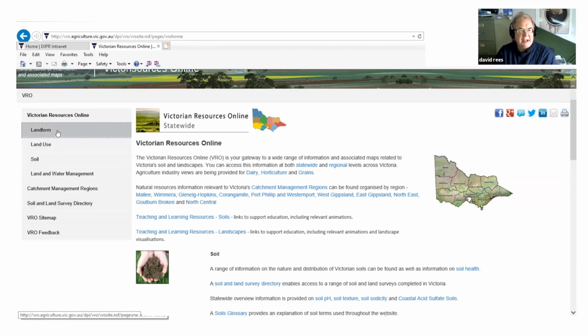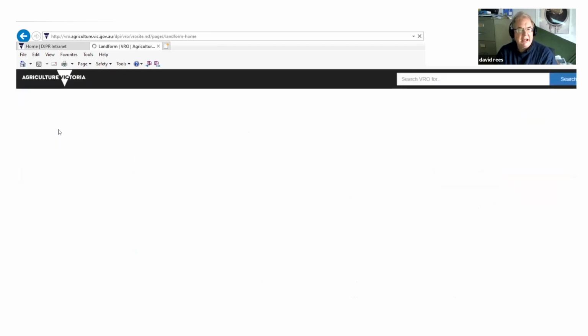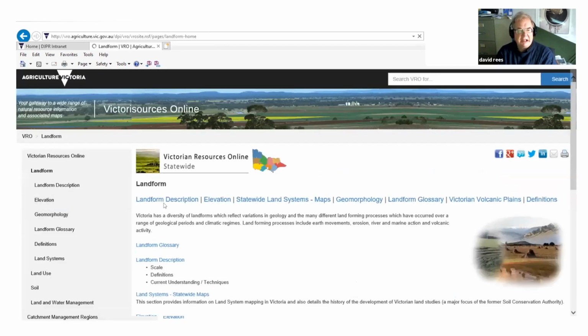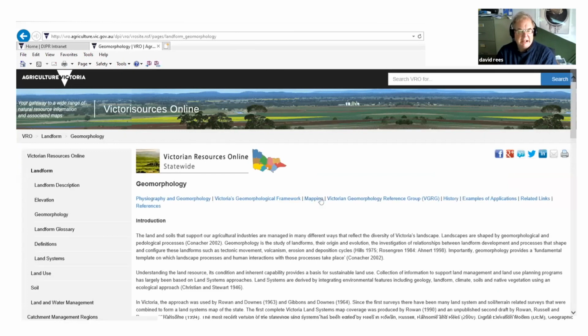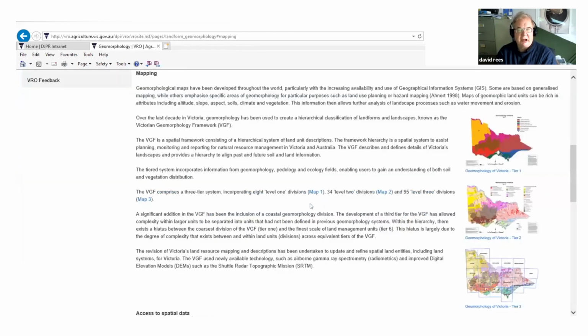But just at the broad level, if I go into landform, there's landform description, and if I go into geomorphology, which gives the background of the landform, you can see down the maps there the increasing complexity of the type of landform that you're dealing with.